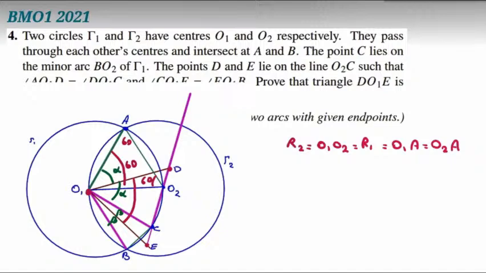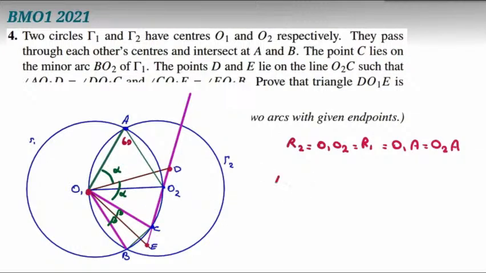Now, here the first thing I want to prove is why this angle is 60. Let's consider this angle in a similar way. Okay, so look, let me write for you 60 degrees. We said this angle is 60 degrees because AO1O2 is an equilateral triangle. Also, BO1O2 is an equilateral triangle, so it is also 60.